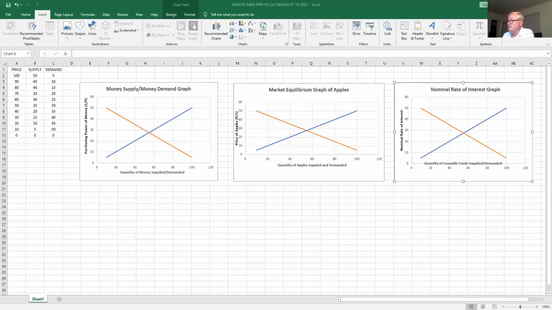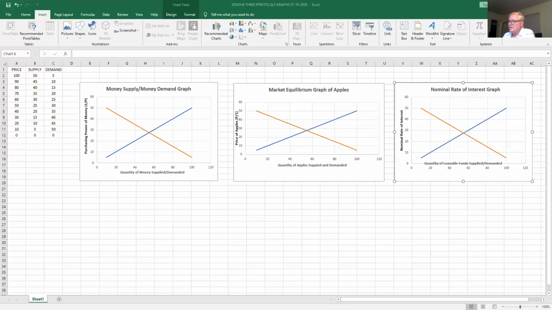So we take a perpendicular line segment up to the positively sloped blue line. It intersects, and that's point 2. And at point 2, the rate of interest is higher than at point 1.